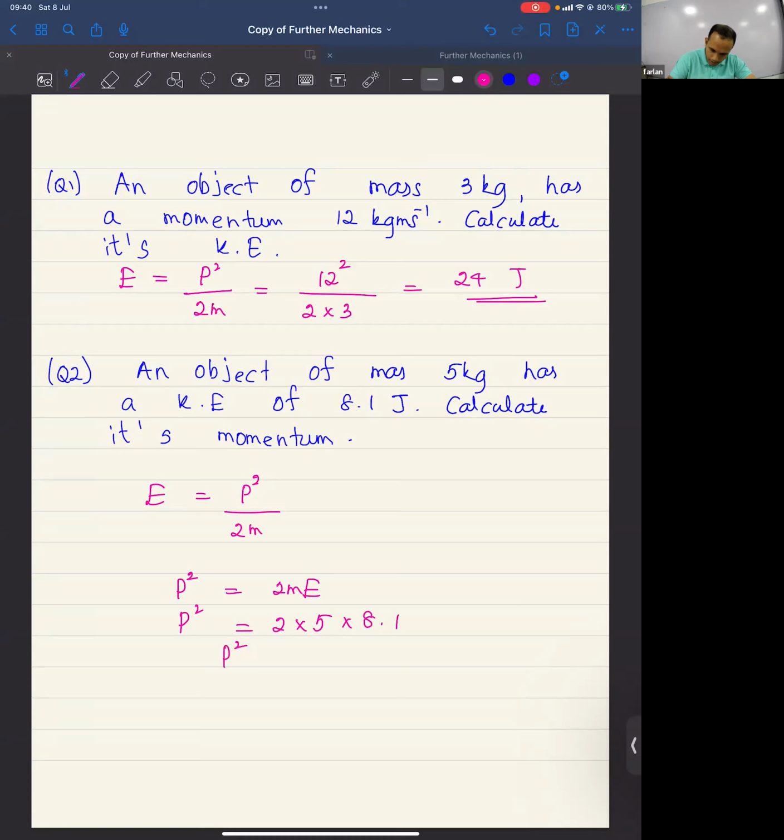So P squared is equal to 81. P is equal to the square root of 81, which is 9 kilogram meters per second. Done? Right, okay.